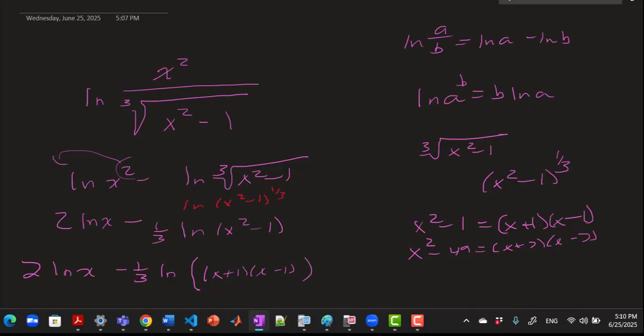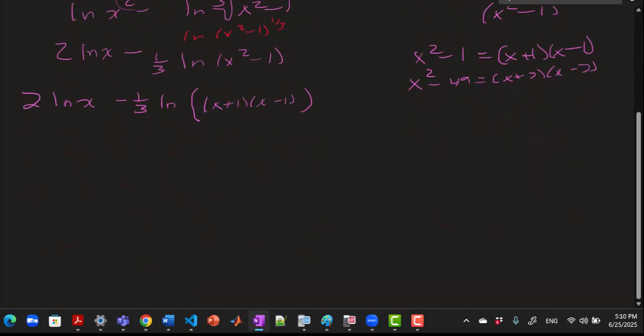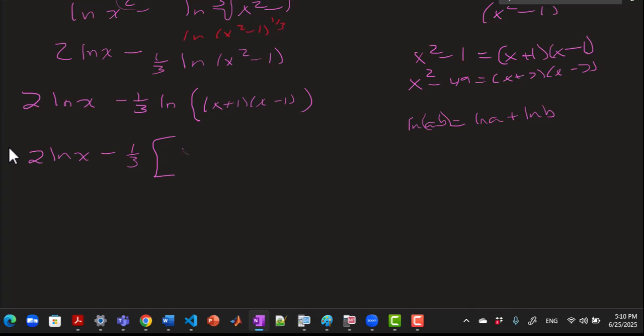Well, now I can go back and use the rule of logs that says the log of a times b equals the log of a plus the log of b. So this is 2 log x minus 1/3 times the log of x plus 1 plus the log of x minus 1.